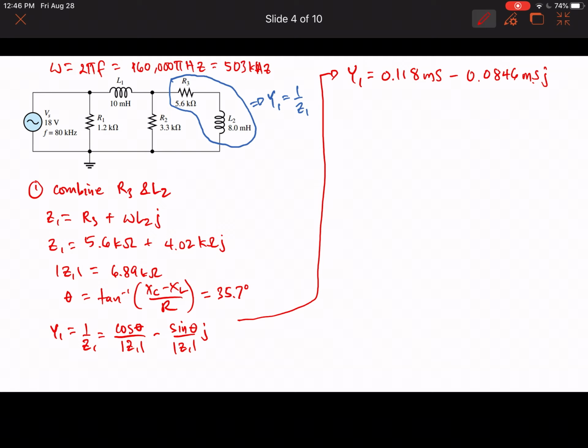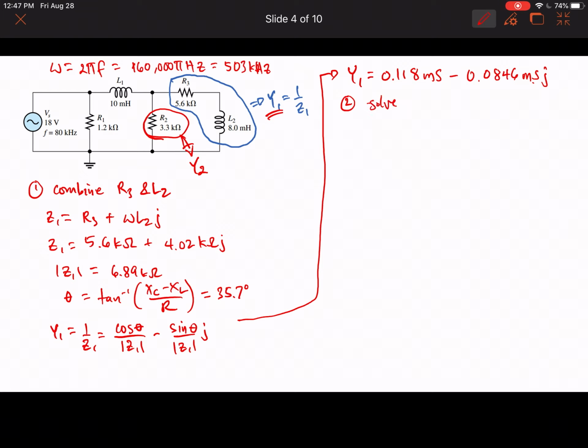Okay, so this is our Y1, and we can also solve for the corresponding admittance of R2, and this is quite simple because there's no complex component. So number 2, we solve for the corresponding admittance of R2.